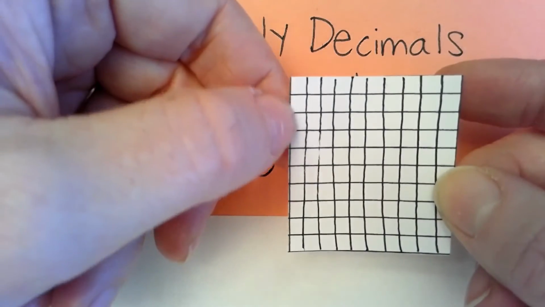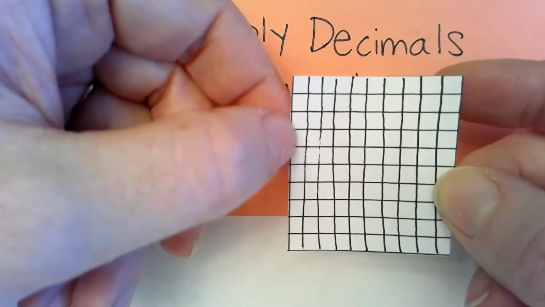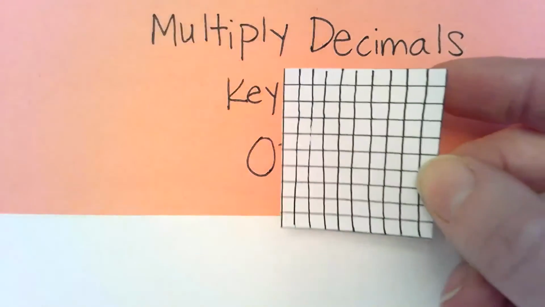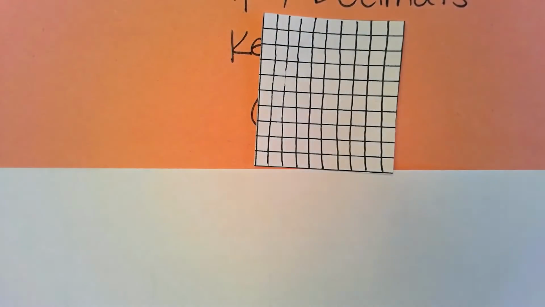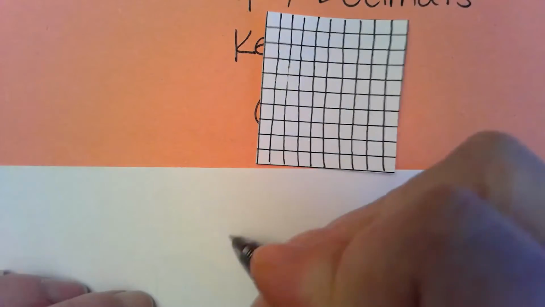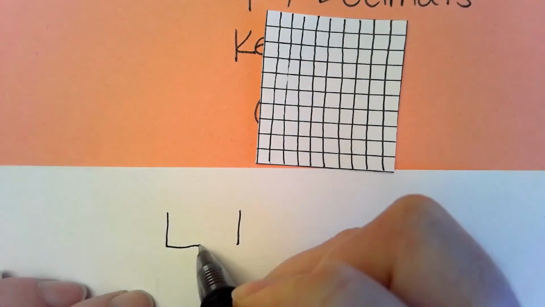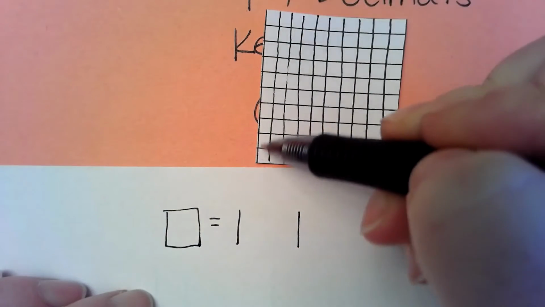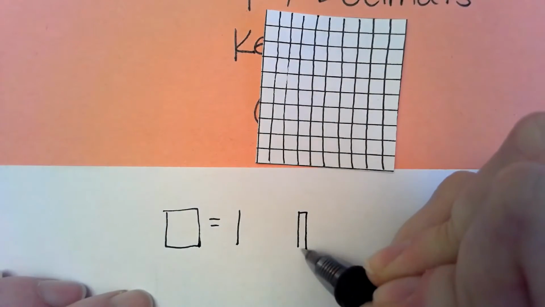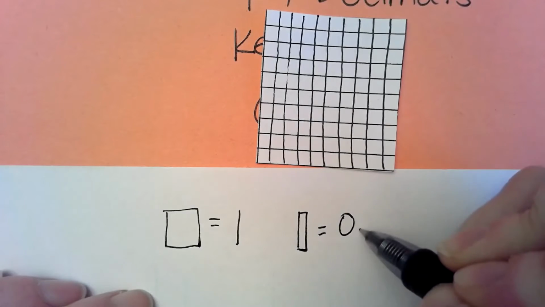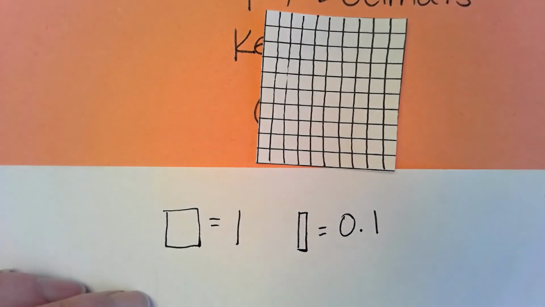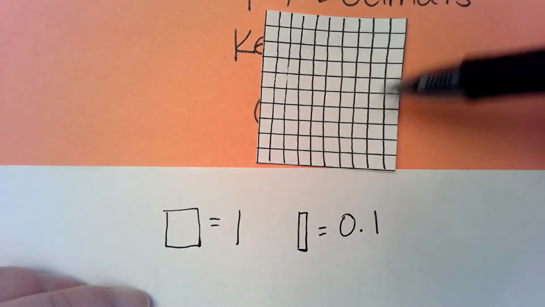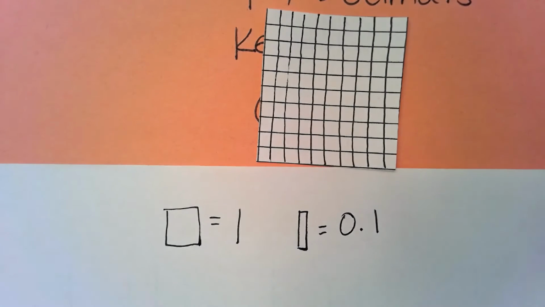If I were to color in an entire column, that would stand for 1/10. So if I were to color in the entire piece, that would be like one whole. So the entire grid would equal one whole. One of the 10th pieces, like this, that would be like 1/10, because that would be one of the 10 columns that we see in the grid.